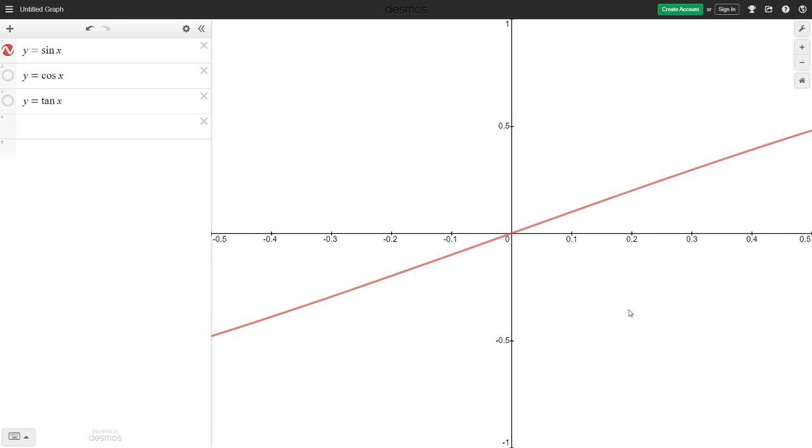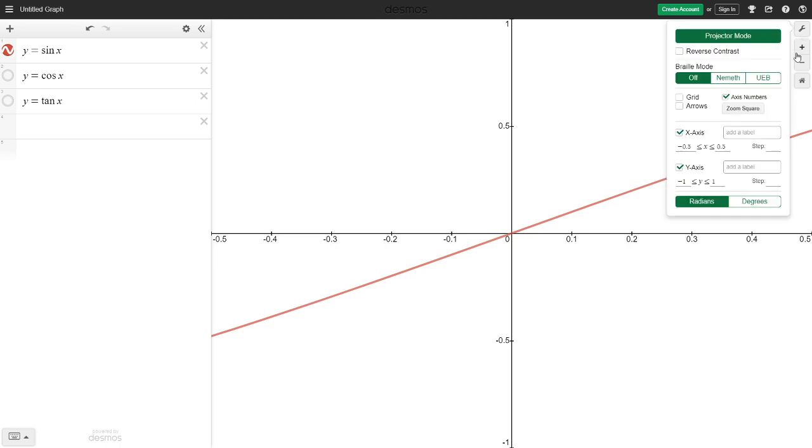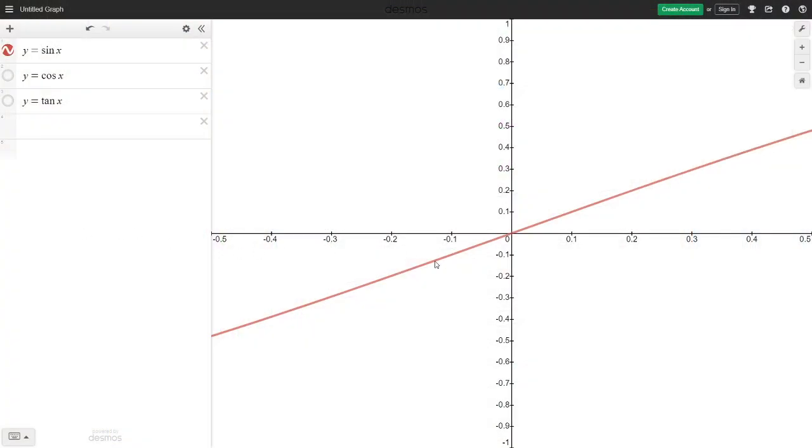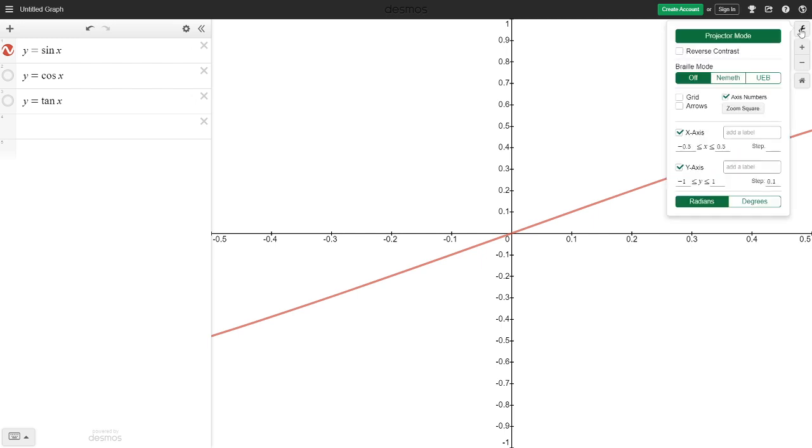What does this graph kind of look like? Now the thing to remember, you can see there's still a slight curve. But what does this look like? Maybe hard to spot. Let's try zooming in a little bit more.